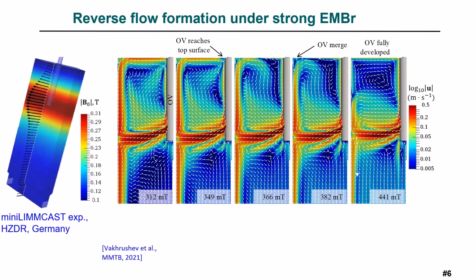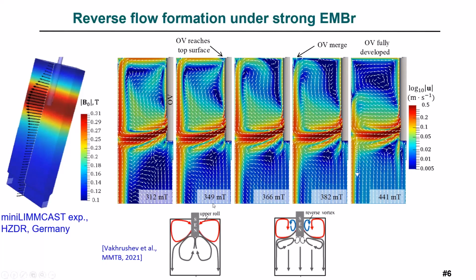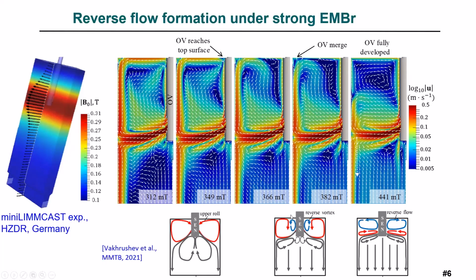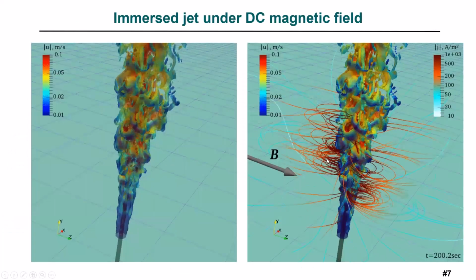So you are not braking everywhere. You can brake in some areas and accelerate the flow in different zones. You can see there is a classical flow pattern in such a system. Then you start to generate some small reverse zones, and then the reverse zone can even dominate the upper part of the mold.